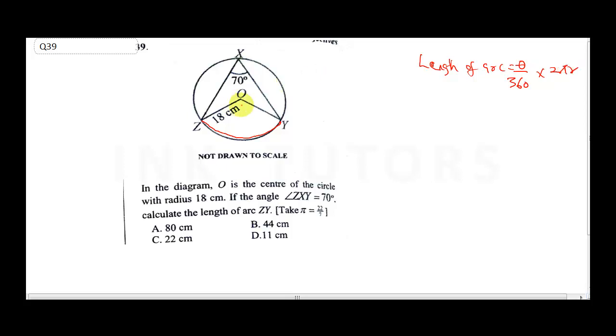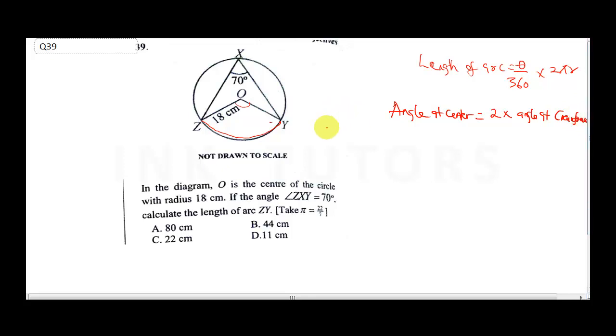But now, we don't know our angle because we're given the angle at the circumference, where O is the center of the circle. Now, there's a rule in circle theorem that states that angle at center is equal to 2 times angle at circumference.